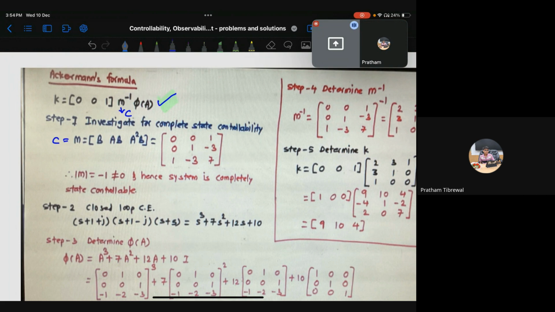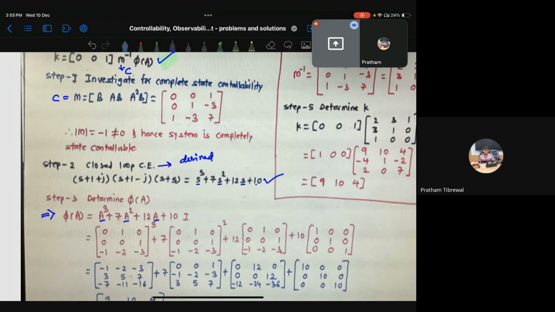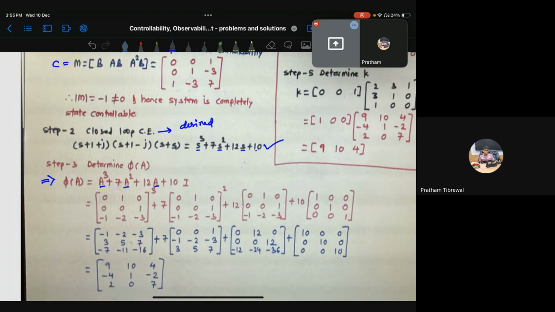C and M are both the same. Then for the closed loop system for the desired poles, this is the equation you got. Now replace s with the A matrix, and you get phi of A. So the calculations lead to this.